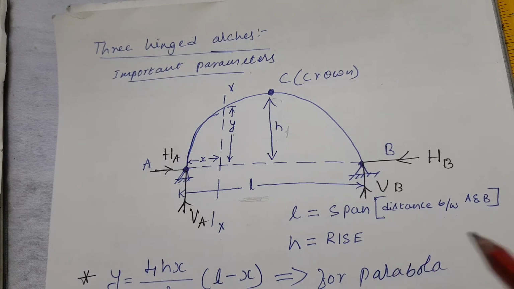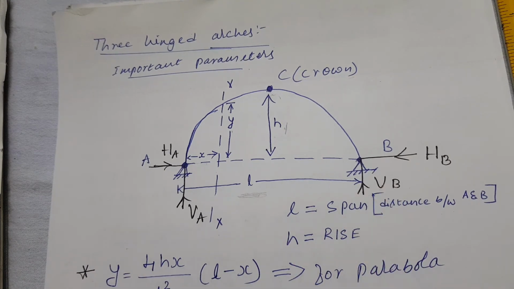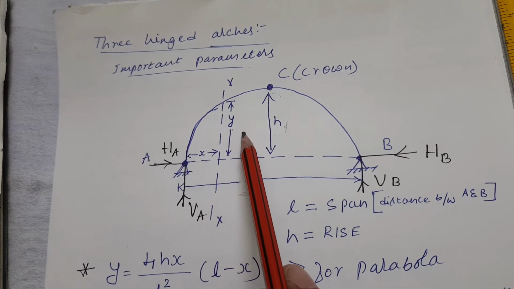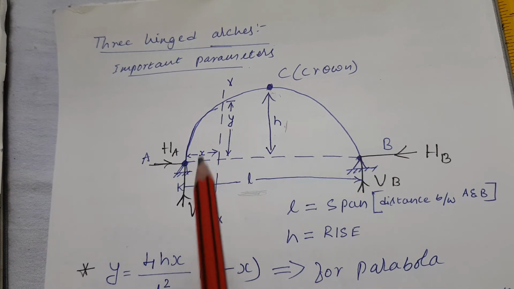Where L is the length or span, or we can say the distance between A and B, and h is the rise, as shown in this figure. It is very important, please concentrate on it. So y is the vertical distance with respect to the reference axis, here I am considering xx.